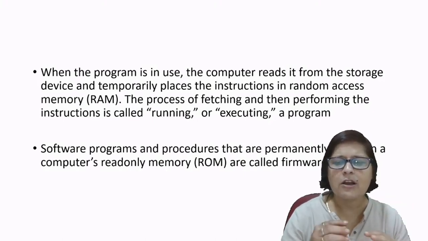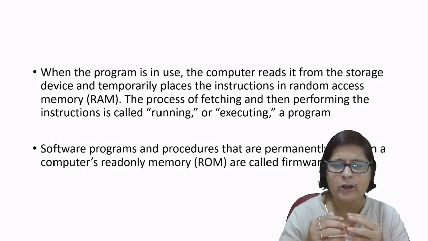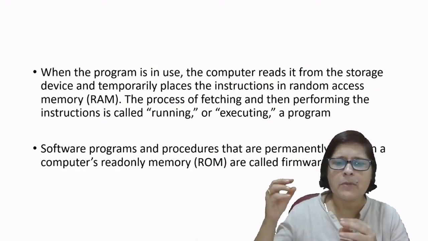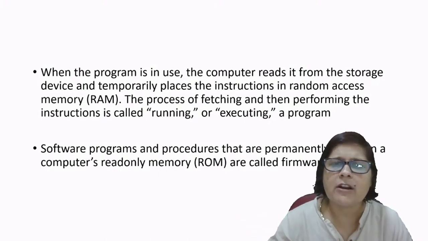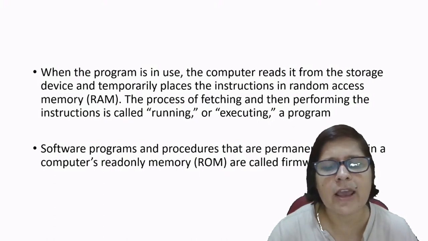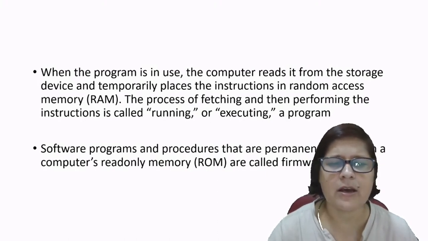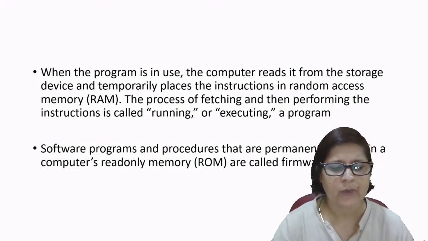Execution is when a computer reads the program in use from the storage devices and temporarily places it in the RAM. That fetching and then performing the instruction is called the running or execution of a program. Right? RAM, random access memory, we discussed in our last lecture in detail.